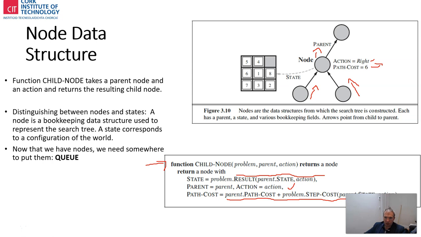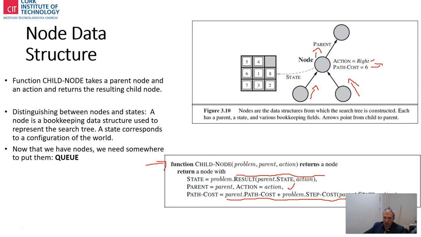These pointers also allow the solution path to be extracted when a goal node is found. We use the solution function to return the sequence of actions obtained by following parent pointers back to the root. So when we're in the goal state, we can simply ask what was the parent of each subsequent node in the sequence of actions until we arrive at the root node, which gives us the sequence of actions to arrive at that goal state.